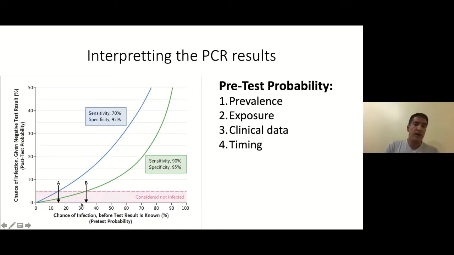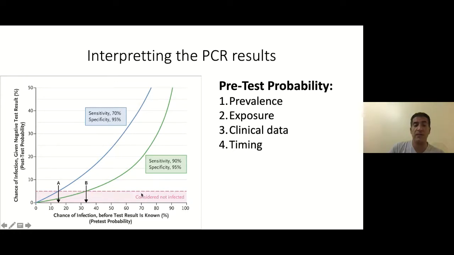So you have to formulate your pre-test probability. For example, let's imagine an ER doctor comes to you with a patient with fever, shortness of breath, and chest infiltrate after being exposed to COVID-19. So this is a high pre-test probability, above 70, let's say 70.